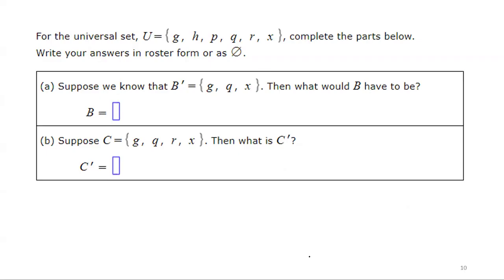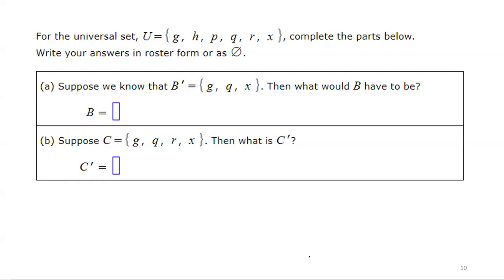So let's talk a little bit about the universal set. Think about the universal set like being in a room. Maybe you're in a living room, bedroom, or kitchen. In that room, there are a limited amount of items.